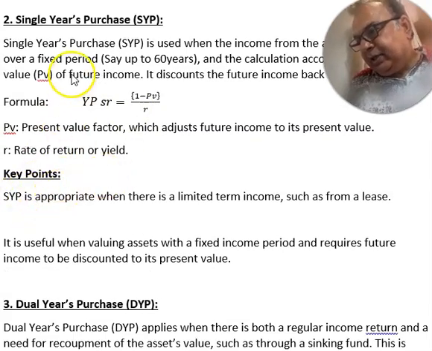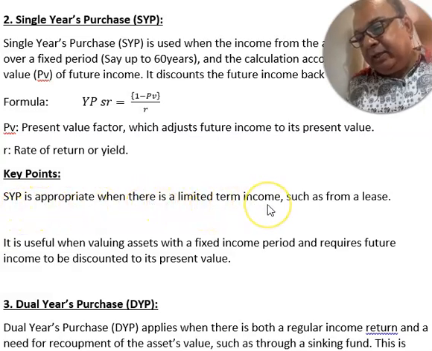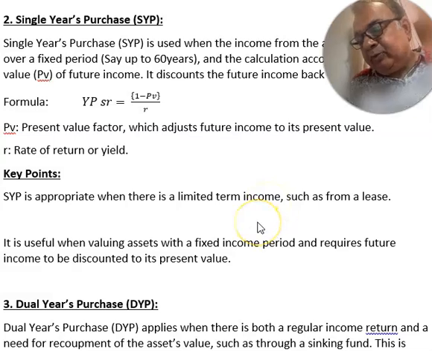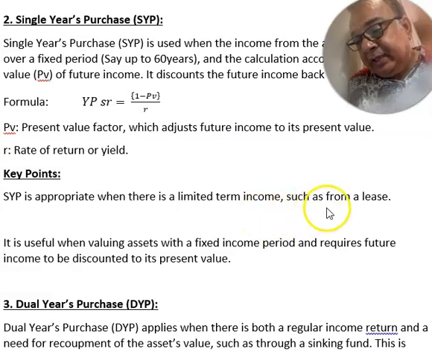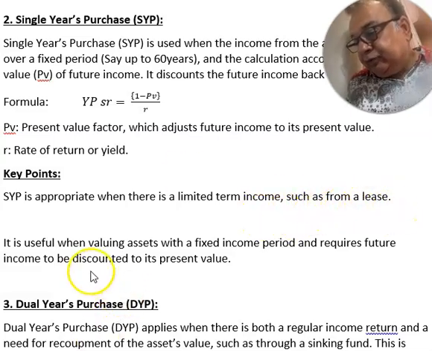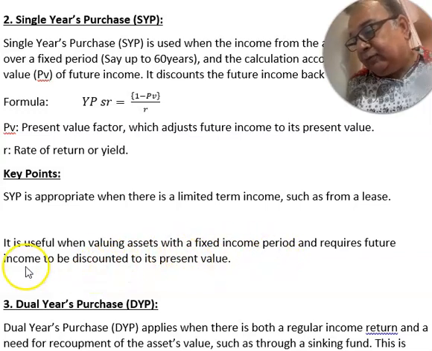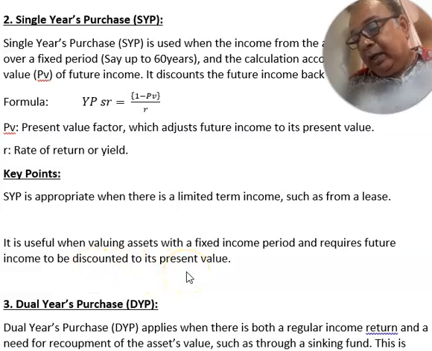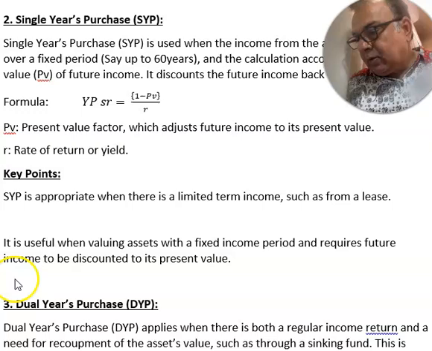Key point of single year purchase: it is appropriate when there is a limited term income, say income up to 50 years, 60 years, 20 years, 30, such as from a lease. It is useful when valuing an asset with a fixed income period and requiring future income to be discounted to its present value.